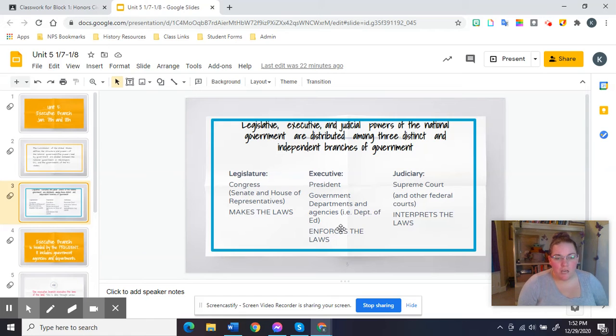It enforces the laws. Then we have the judiciary, which holds the judicial powers of the national government. It includes the Supreme Court and other federal courts. It interprets the laws. So to interpret the law, first somebody must accuse the law of being unjust, like when a student argues that their First Amendment rights are being infringed upon at school or something.